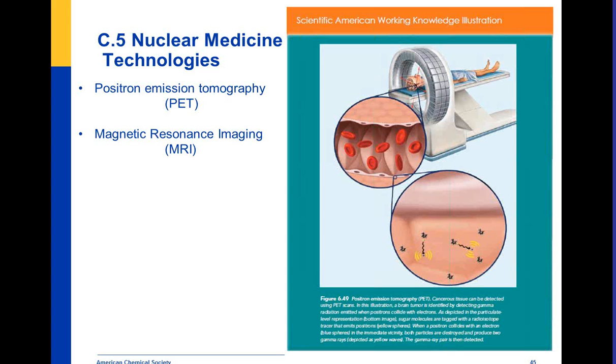They've had imaging themselves from a sports injury, or they certainly have someone in their family who's had to have one of these scanning techniques. So that leads to some questions about it, and this section does a good job of explaining exactly how these work and the benefits of using these nuclear medicine technologies.